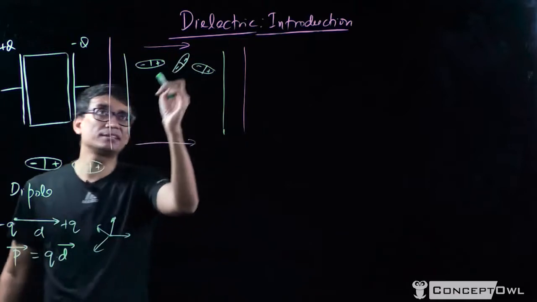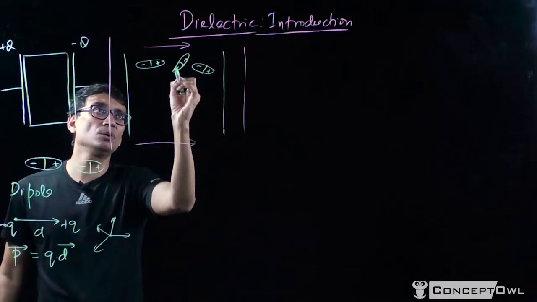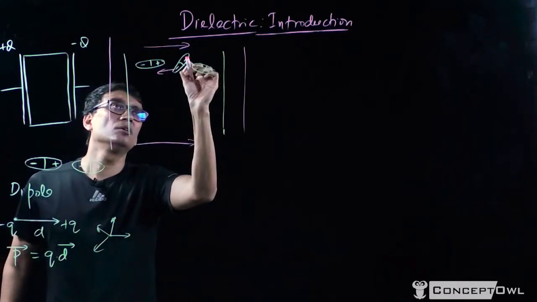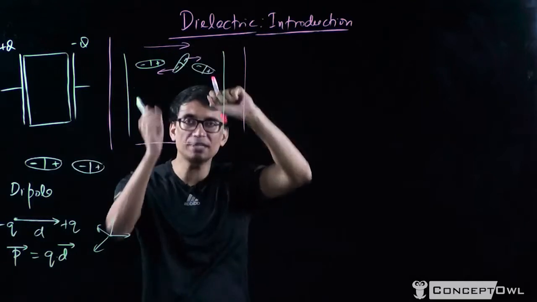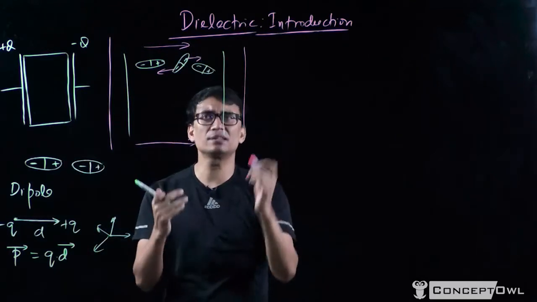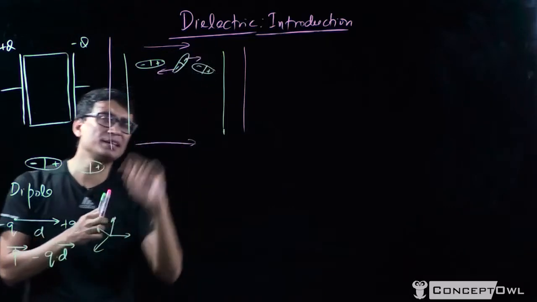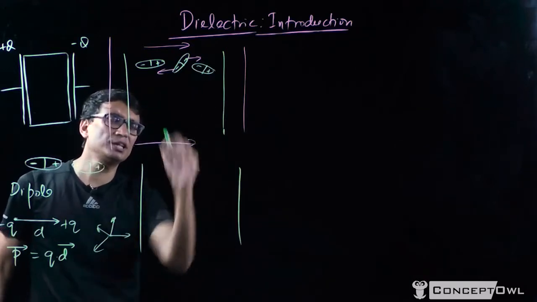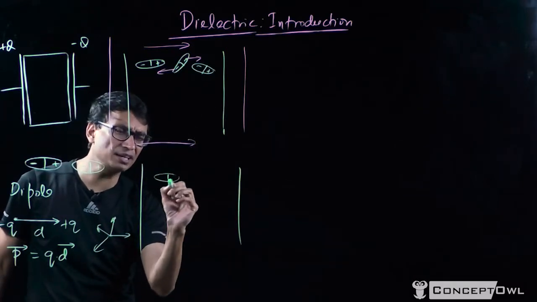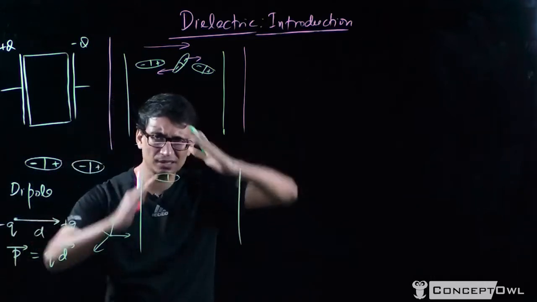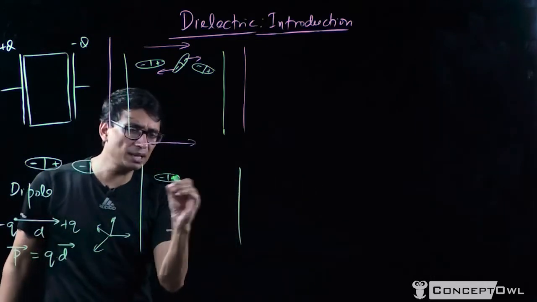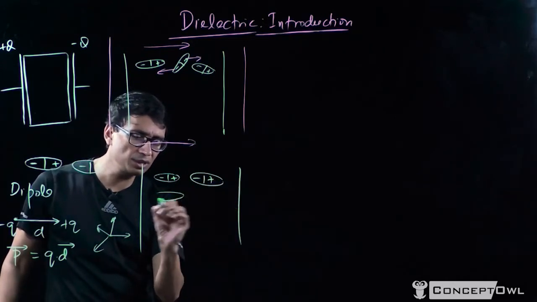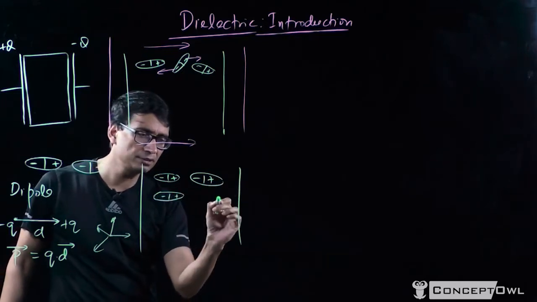If this is the molecule, the field will pull the negative end towards itself and the positive end away, and it will cause them to rotate and move a little. As a result, once you apply the electric field, the dipoles will be more aligned. I'm just taking an ideal case. They don't have to be perfectly aligned, as long as there is, on average, some alignment, right? Minus plus, like this. So they are now going to be more aligned.